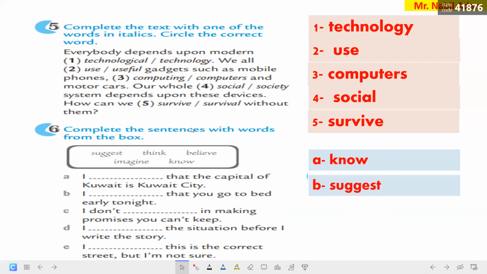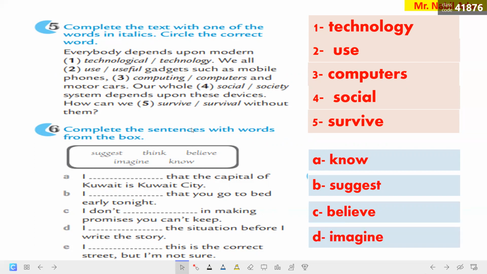I suggest. I don't in making promises you can't keep. I don't believe. I imagined the situation before I write the story. This is the correct street, but I am not sure. I think.